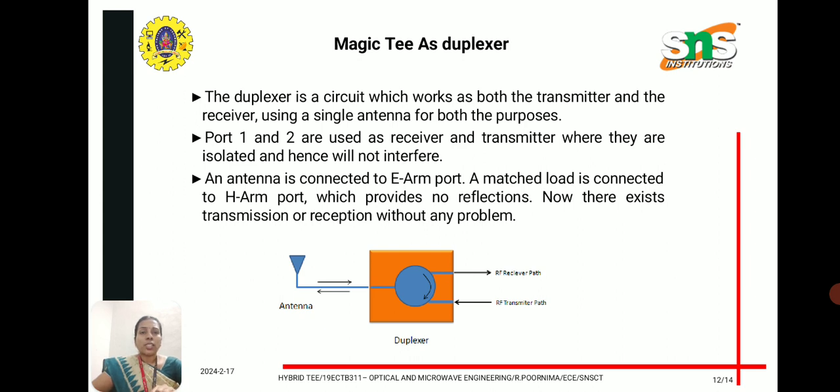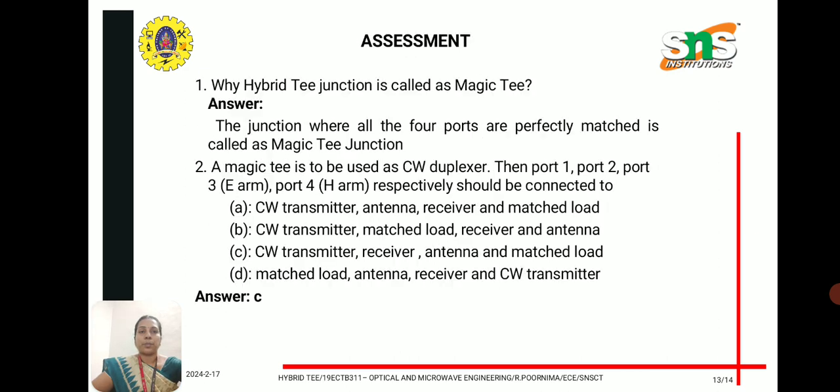An antenna is connected to the E-arm port. A matched load is connected to the H-arm, which provides no reflections. So now there is transmission or reception without any problem. The signal either goes from E-arm to antenna or from antenna to E-arm. So this acts as the duplexer circuit.